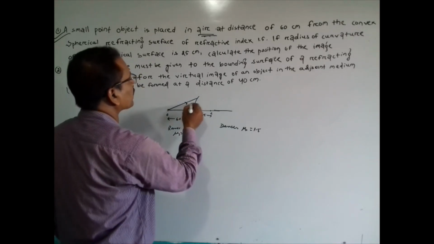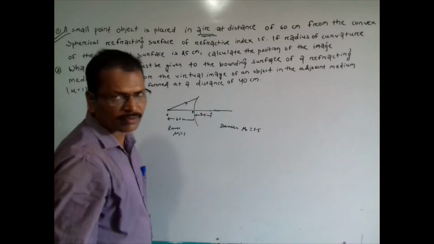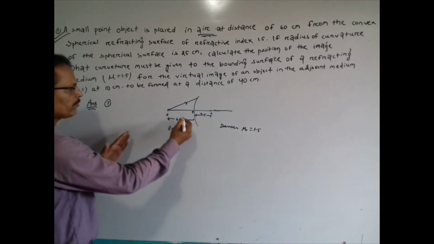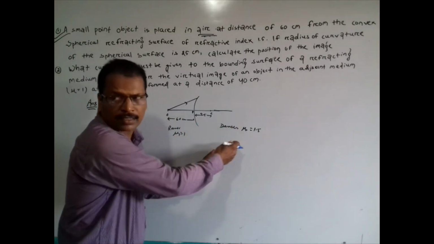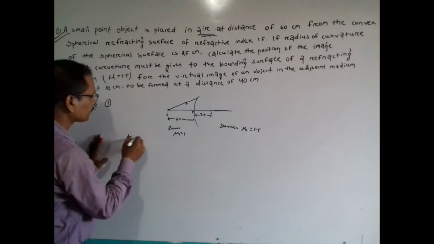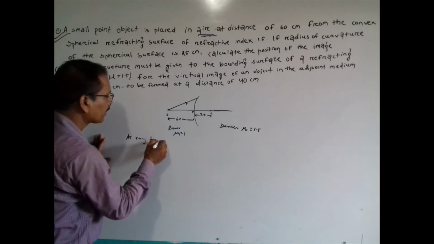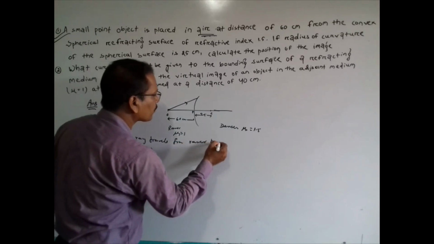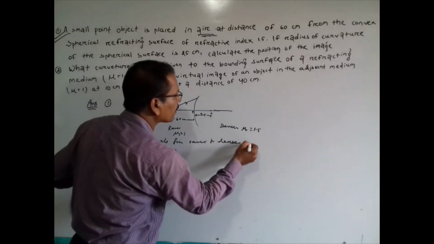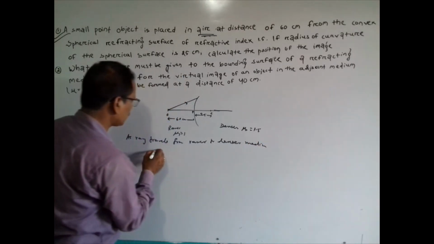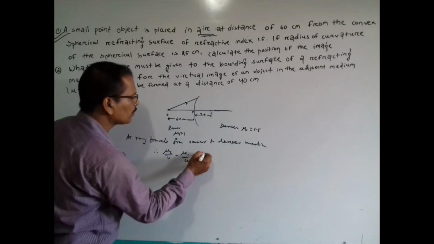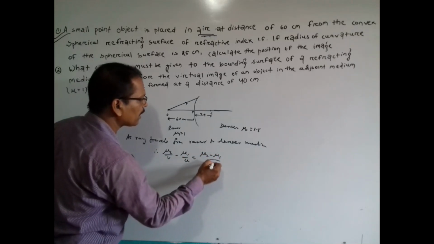Let us see where the image is formed, what is the position of the image. As the ray travels from rarer to denser medium, the formula is mu2 by v minus mu1 by u is equal to mu2 minus mu1 by r.